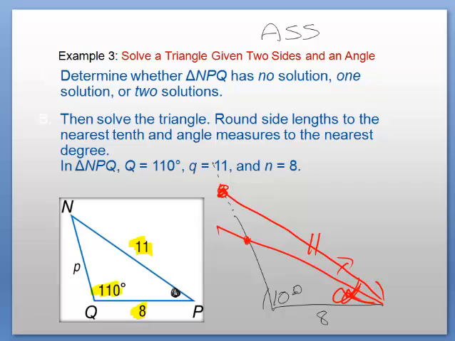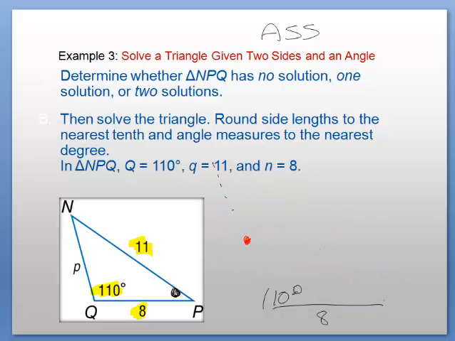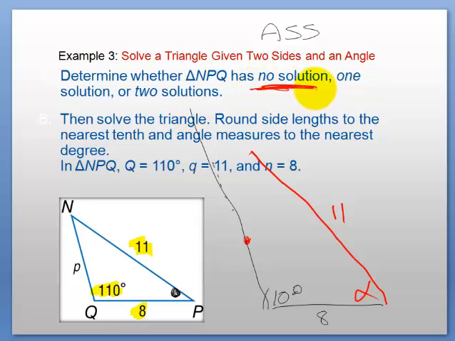Well, what if the angle was so large, and I know some of you guys, I've already lost you, but just bear with me, what if the angle is so large that the 11 doesn't even reach that other side? Well, then we're in a situation where we have no solution because we can't actually create a triangle.